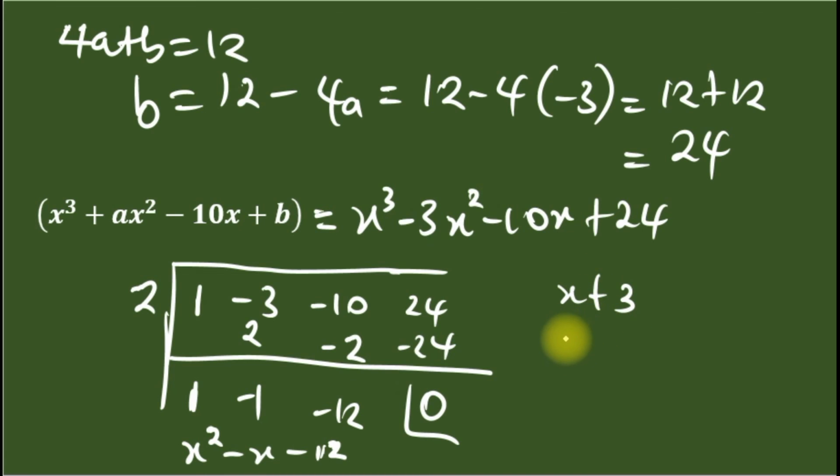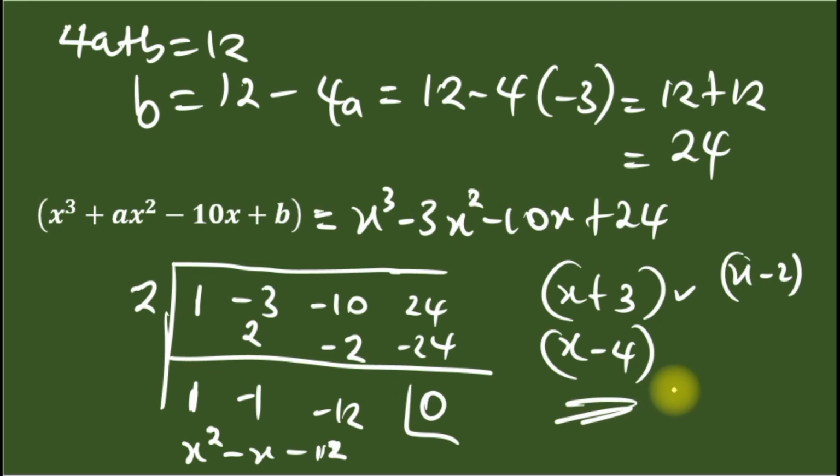The remaining factor is x minus 4. If I multiply this, I will get this. But they gave us this and x minus 2. So this is the remaining factor.